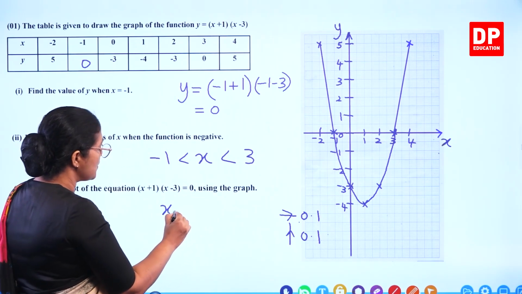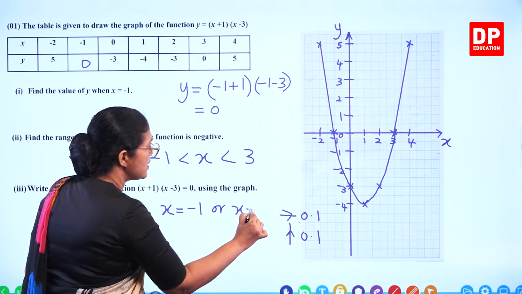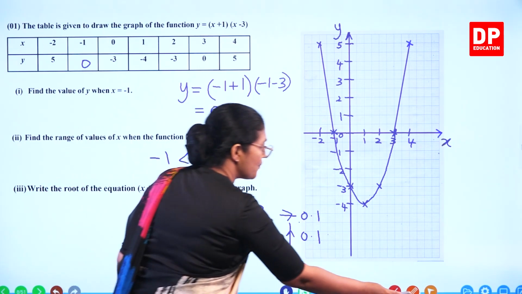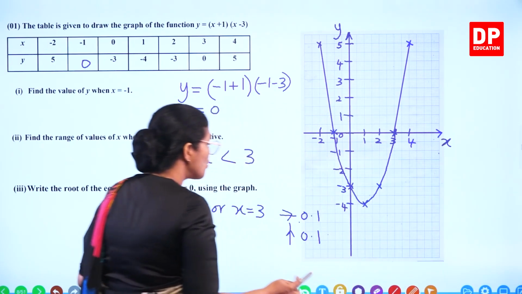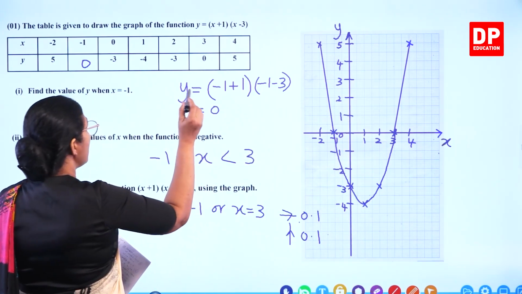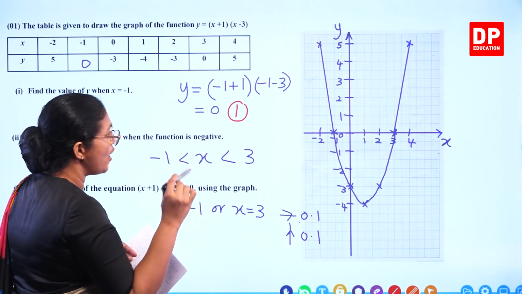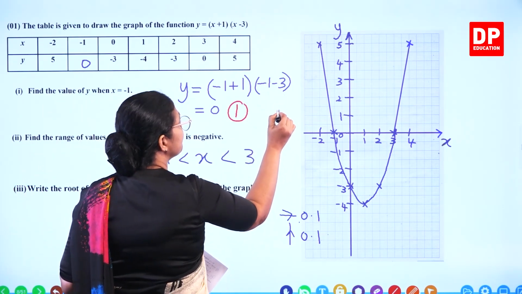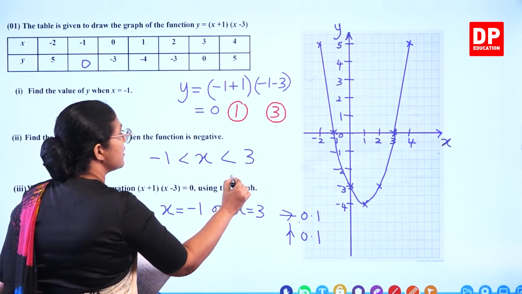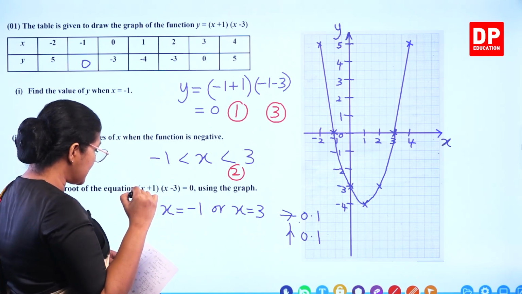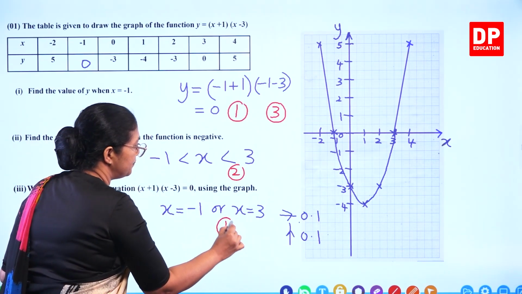So x equals -1 or x equals 3. So let's give marks for this part. You get 1 mark for finding the solution here and 3 marks for drawing the graph. And the next one we can give 2 marks and the other one just 1 mark.